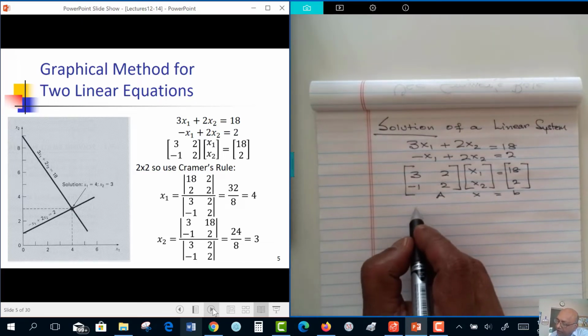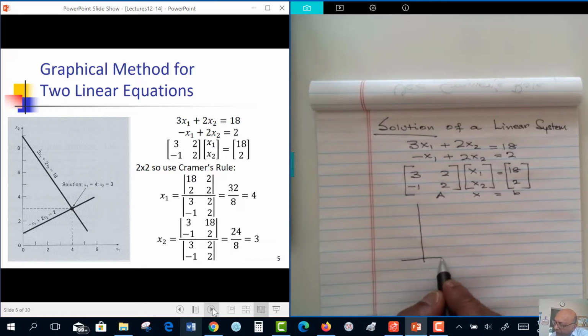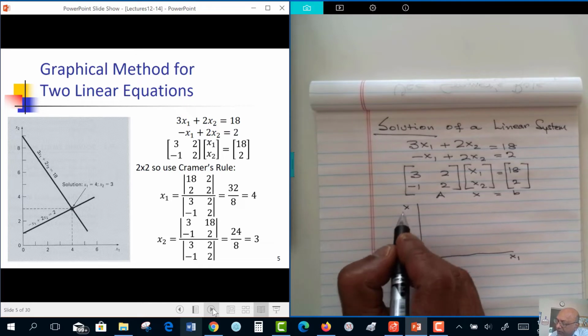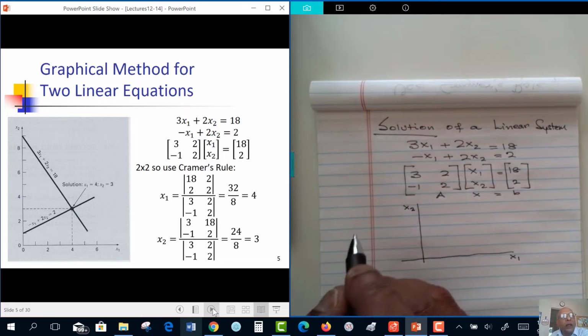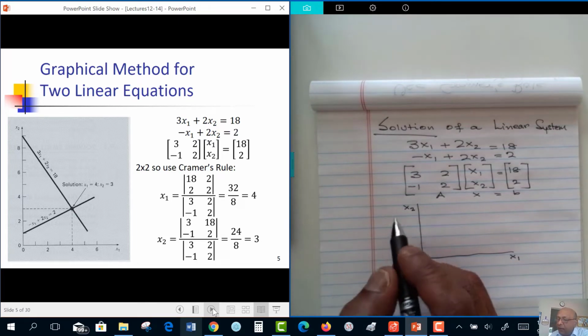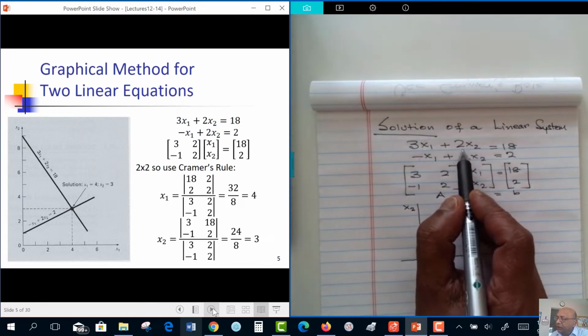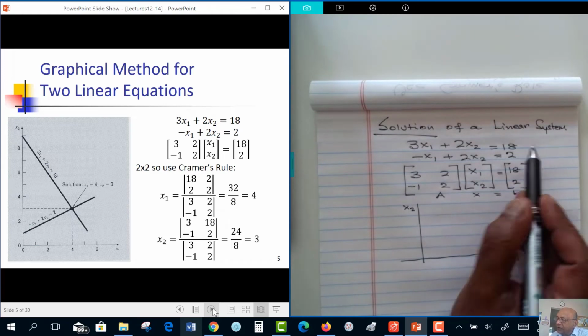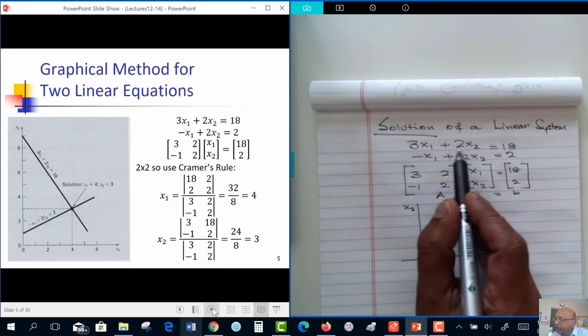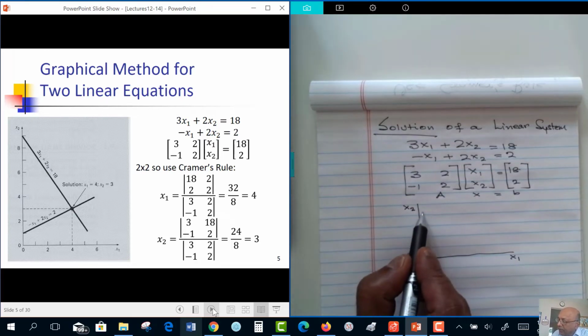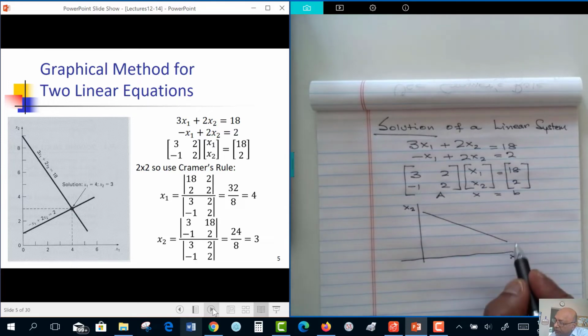So let's look at it graphically. We plot x1 versus x2, and we look at our first line. If we take x1 to the other side, notice it'll become minus 3x1, so it'll have a negative slope of negative 3 over 2. So the line would look something like this.